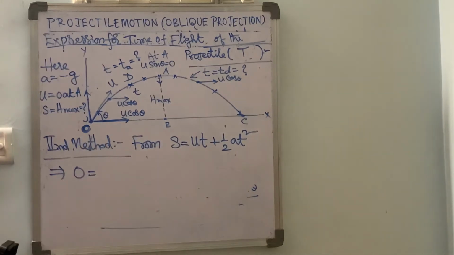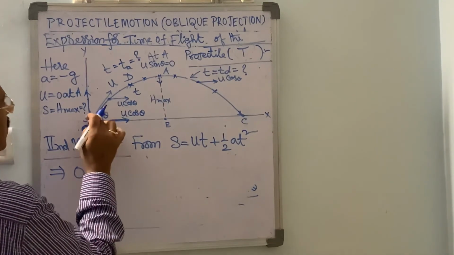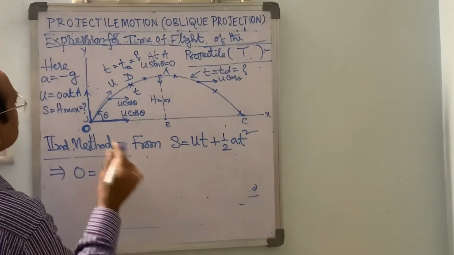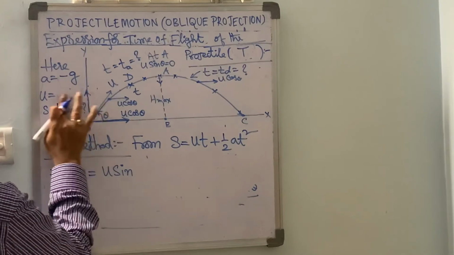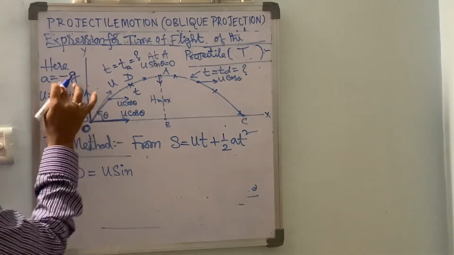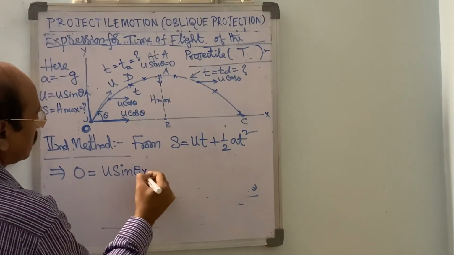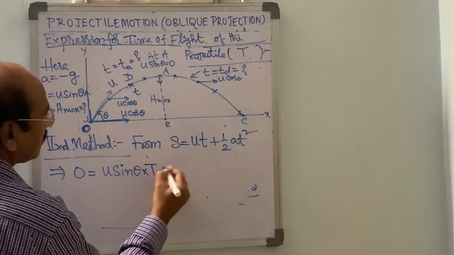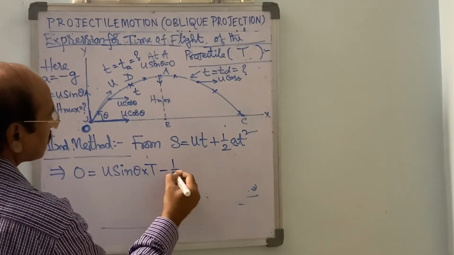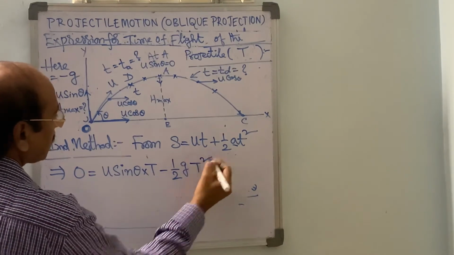So its vertical displacement is 0, and u, when it starts the journey from O, is equal to u sin theta, into total journey time t. Here the acceleration a is minus g, therefore half into g into t square.